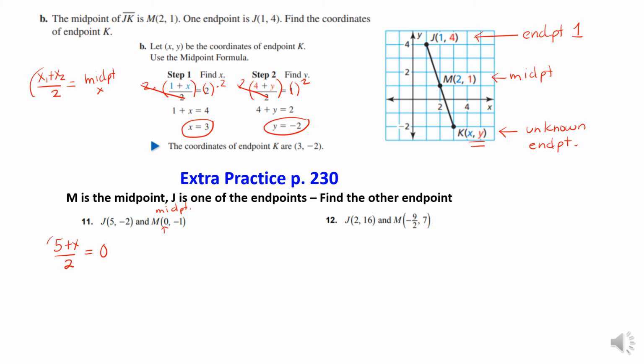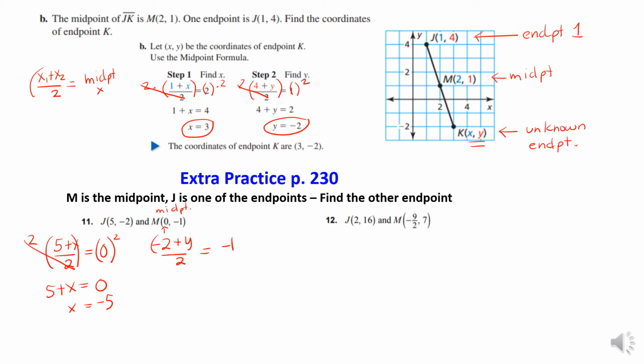So then I'm going to multiply both sides by 2. I get 5 plus x equals 0, x equals negative 5. Okay, now I'm going to find my y, so I'm going to go negative 2 plus y divided by 2 equals negative 1.